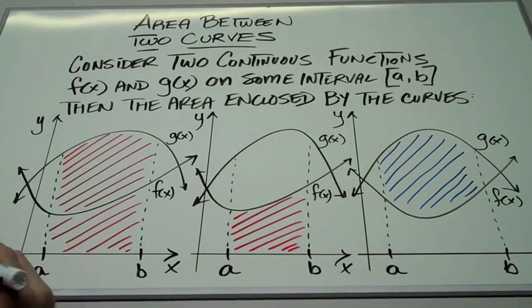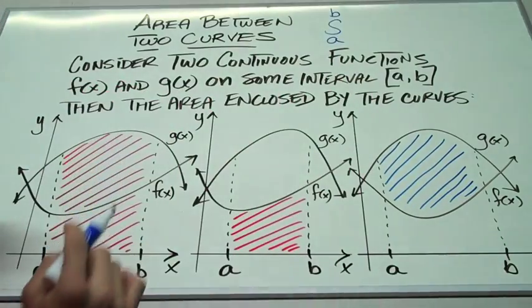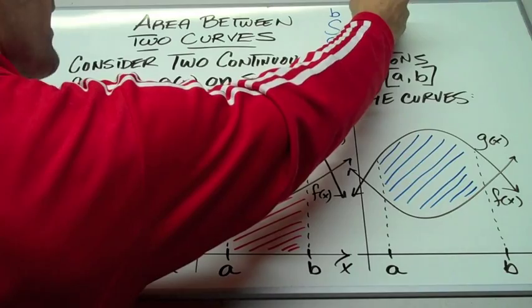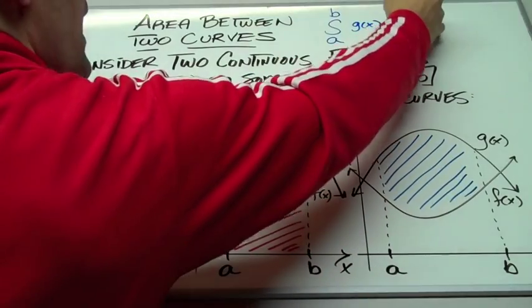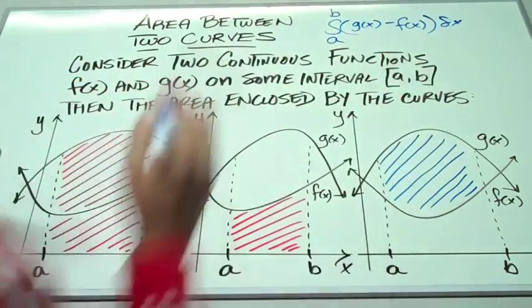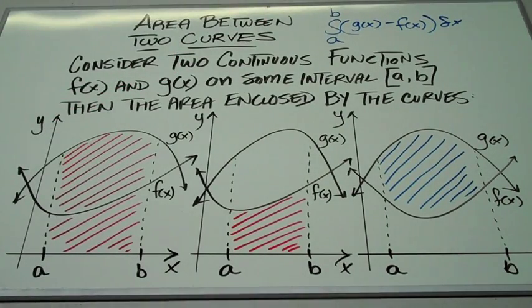From a to b, we can make an expression like this. If I integrate from a to b of the one on top, which happens to be g of x, minus the curve on bottom, which is f of x, I have to integrate those with respect to x. So there at the top is my expression for the area between two curves.